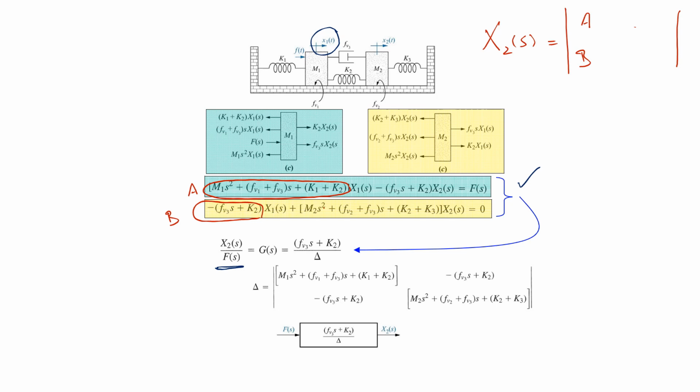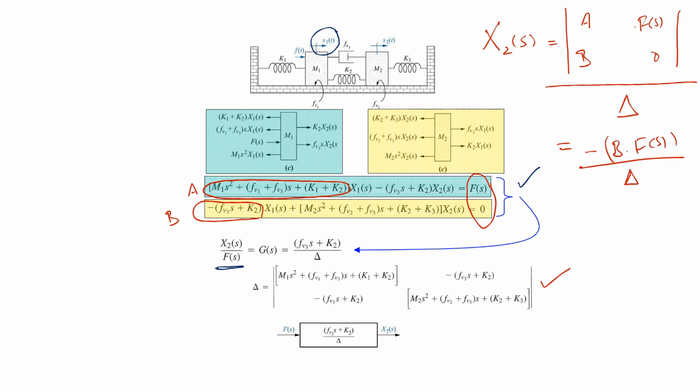And then in the next column, we will have this column as it is, f of s and 0, divided by the delta, and the delta is represented here. From here, we can see that if we multiply a with the 0, it will vanish, and we will have minus b into f of s divided by this delta.